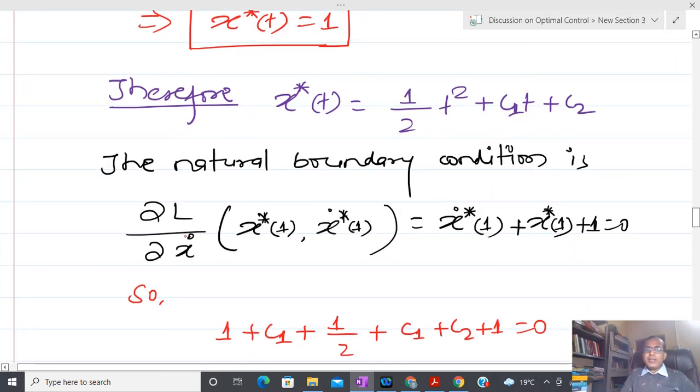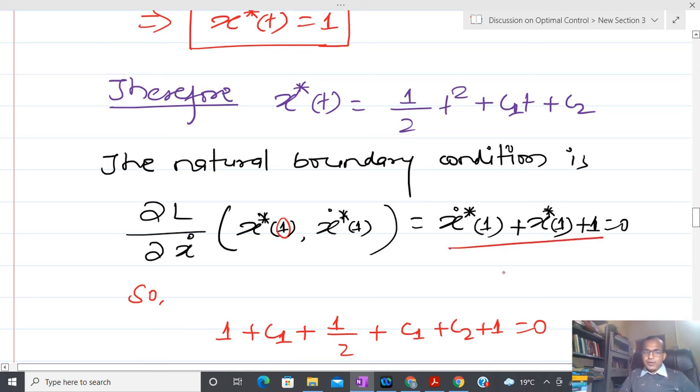The boundary condition equation is dou L by dou x dot, and please be careful that I have to solve this equation at x star 1 and x dot star 1, and both are unknown to me. I don't know what the final state is, and due to that I don't know the final velocity. And due to that reason again some differential equation comes into the picture.